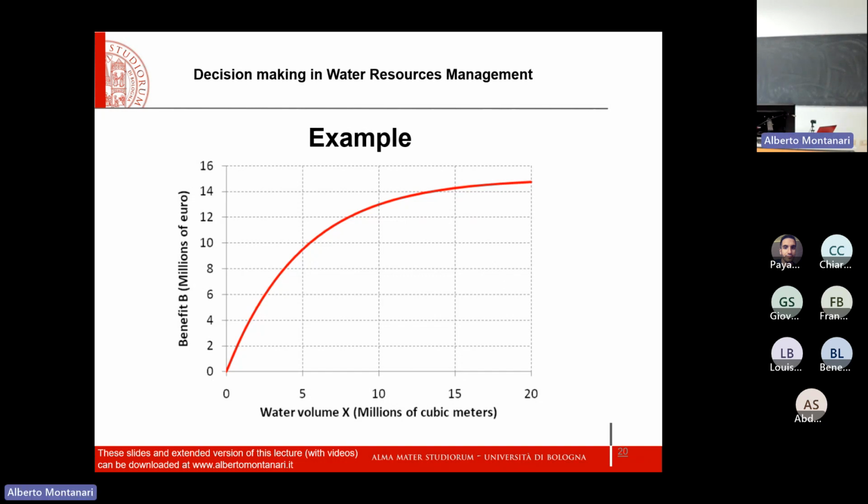It's clear that we get to a max because once we have enough water to fully feed the crop, if we give more water, we don't have more benefit. Conversely, in some cases, if we give too much water, we have illness of the crops. But let's just focus on an asymptotic function, which tends to a max benefit, which is reached for a given amount of water. Okay.